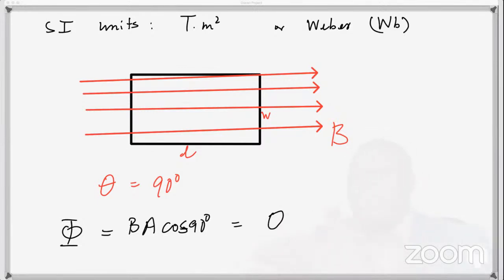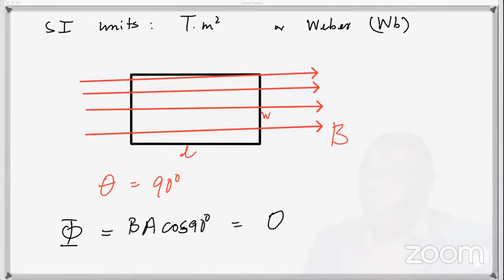You have the conductor lying flat on the screen, and the arrows just going across it. None of it goes into the plane of the conductor. That's why the flux is 0. So no line is going through the conductor.